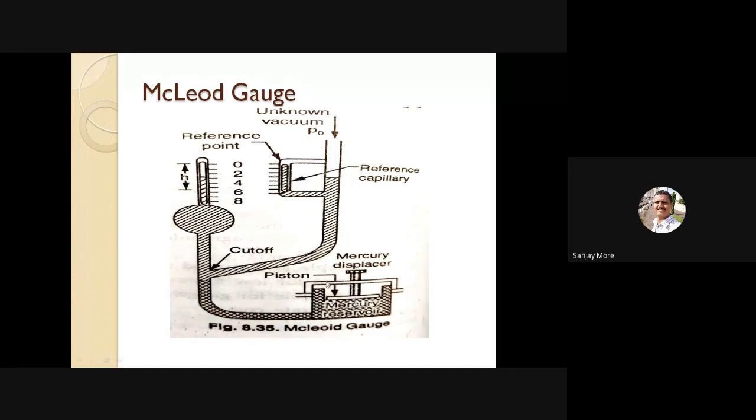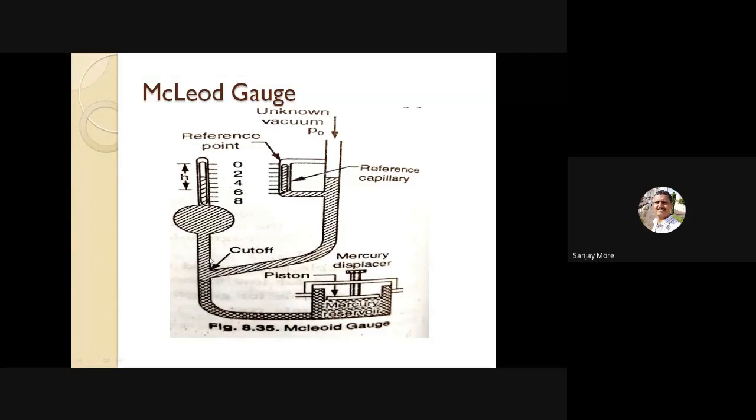When applying force on this piston, this mercury displacer, the mercury moves upward here, but the open unknown vacuum or open air connected to this capillary stops this mercury at the cutoff point.